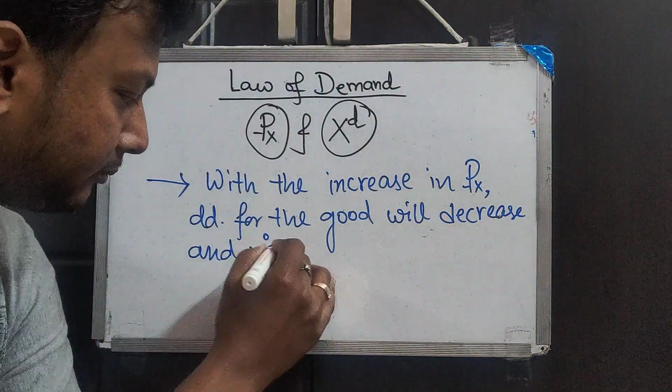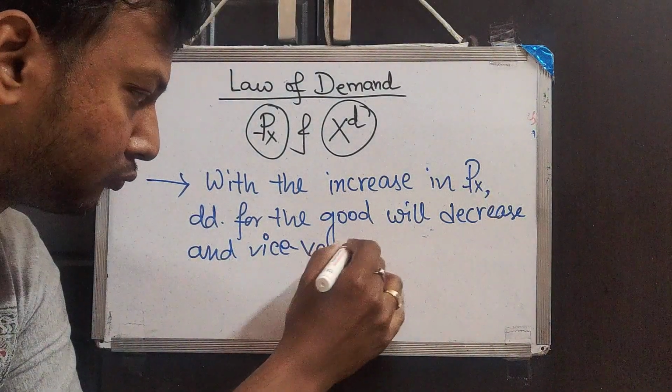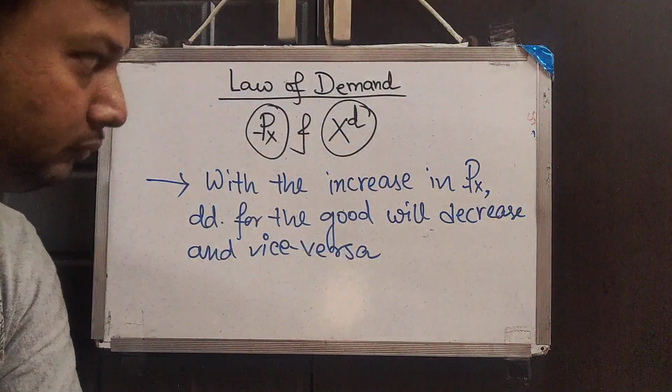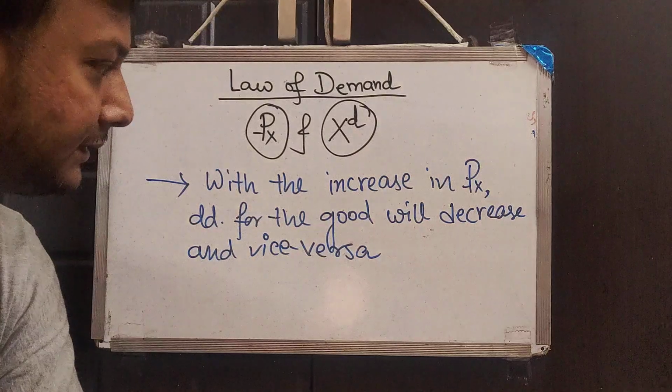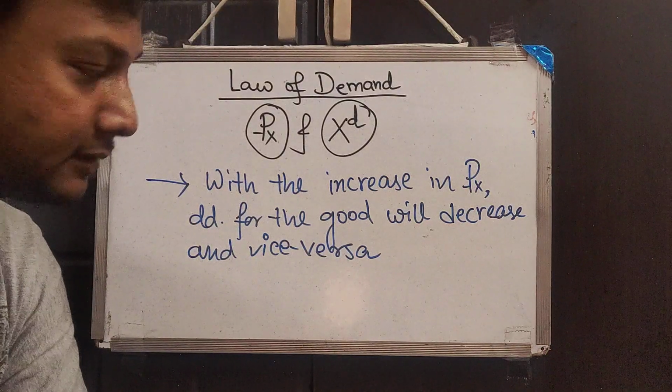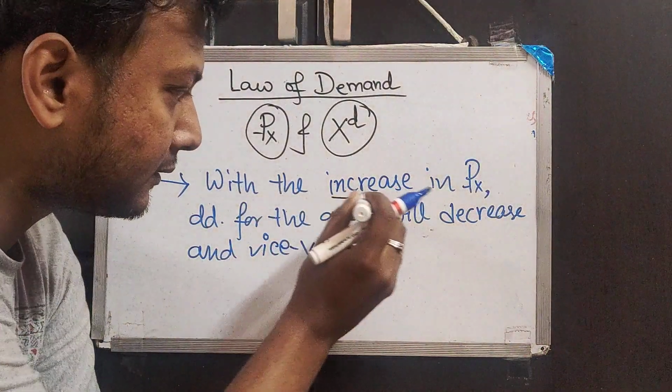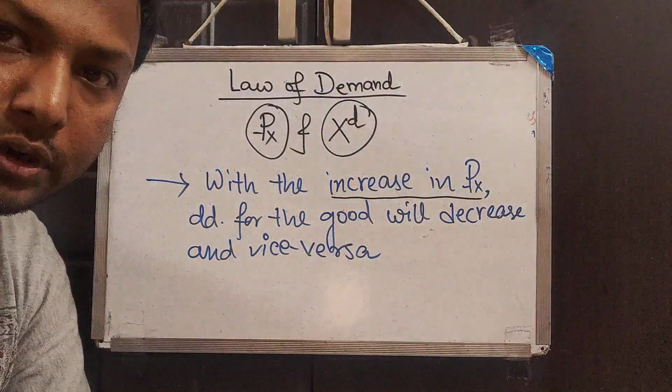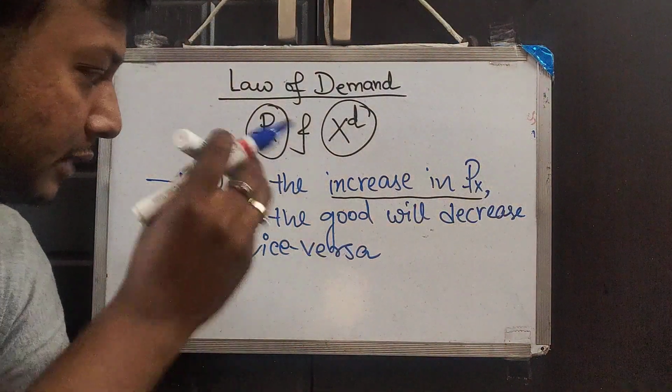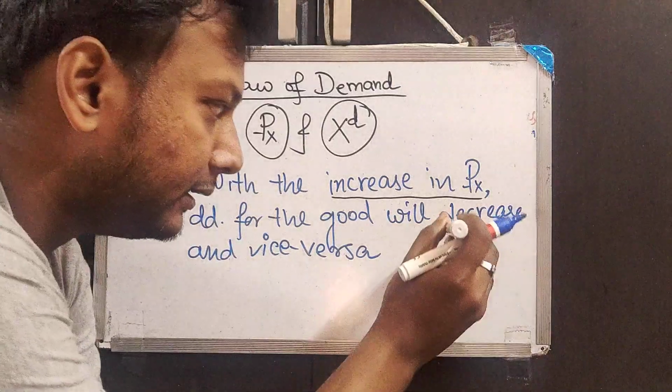And vice versa. So what does the law state? It states that with the increase in the price of the commodity, demand for the commodity will decrease.